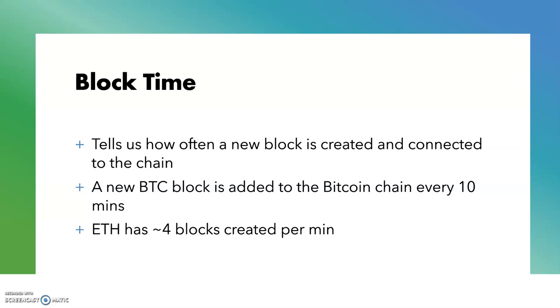It requires supercomputers and a lot of power to get it done. So about every 10 minutes, somebody is getting 6.25 Bitcoin for a new block. But as you can see here, Ethereum is again faster, and it's about 4 blocks a minute, and about 6,000 to 7,000 blocks per day.